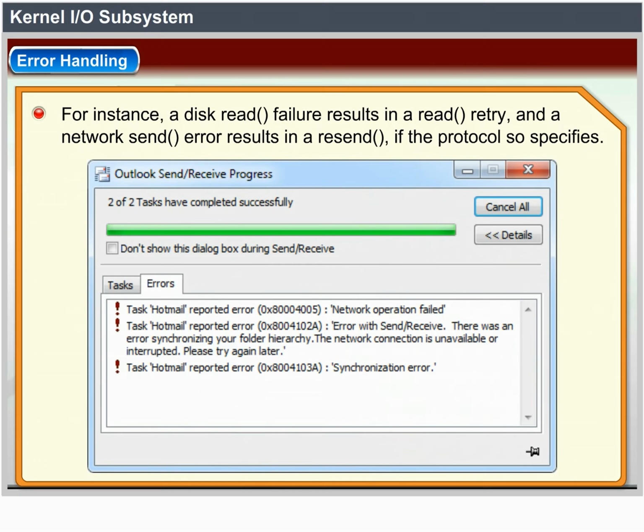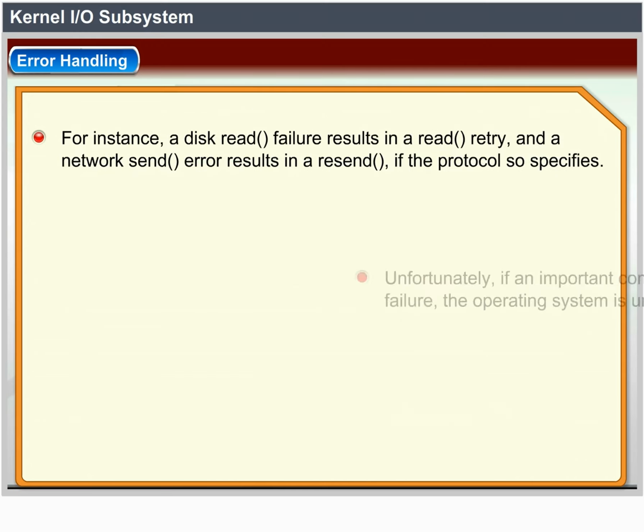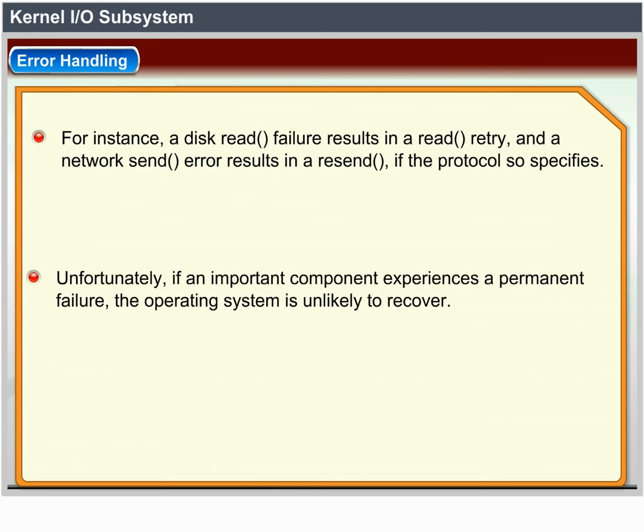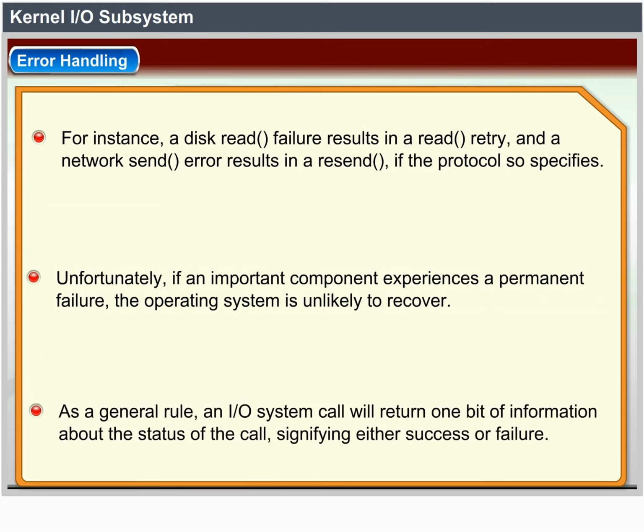Unfortunately, if an important component experiences a permanent failure, the operating system is unlikely to recover. As a general rule, an input-output system call will return one bit of information about the status of the call, signifying either success or failure.